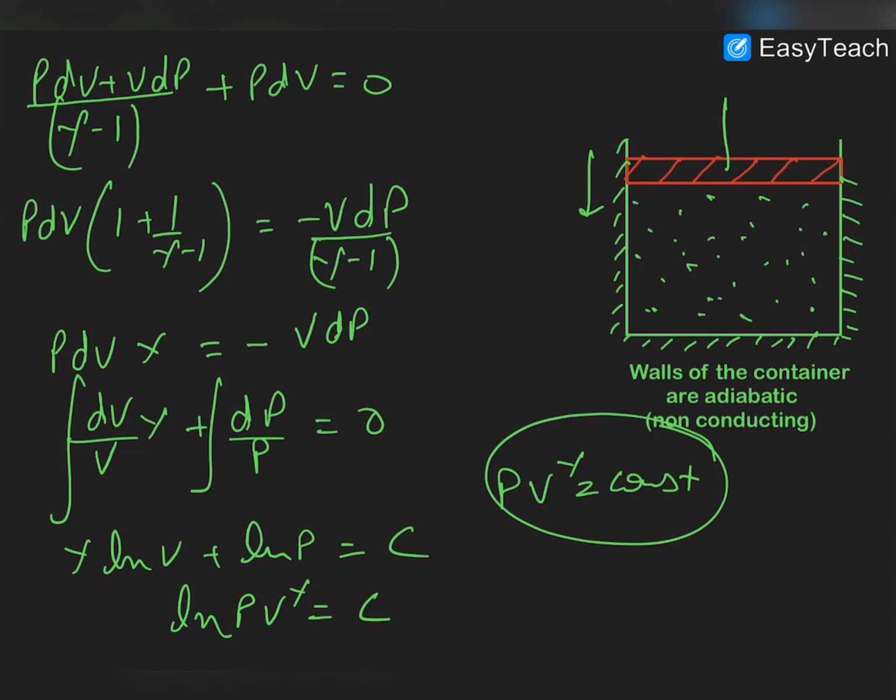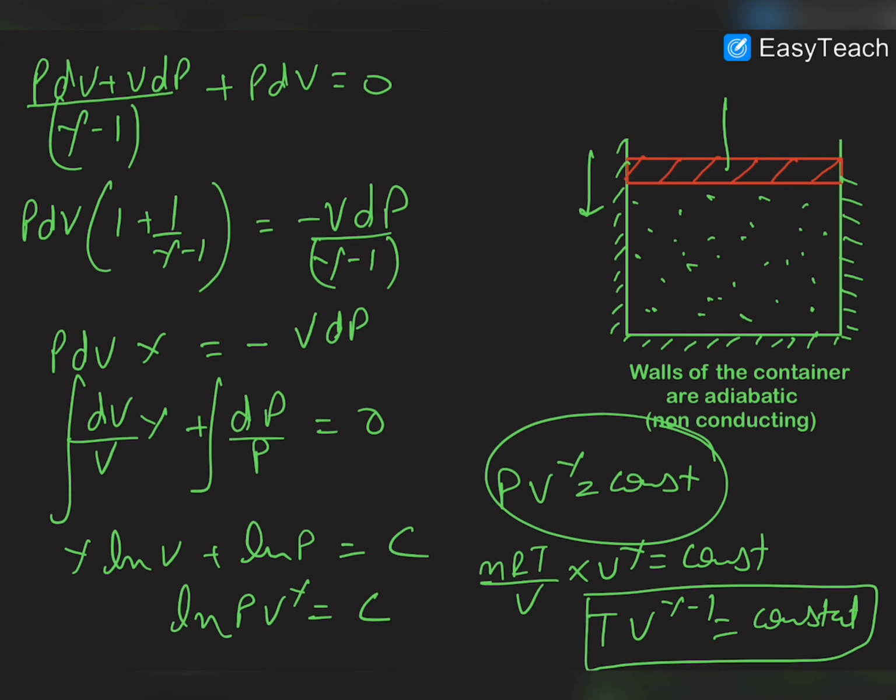So for adiabatic process, PV to the power gamma is the characteristic equation, and if we substitute the value of pressure as nRT by volume, then this is nRT by V into V to the power gamma is constant, and obviously R and n is constant, so we can also write it as TV to the power gamma minus 1 is constant. So this is also a form of adiabatic equation.